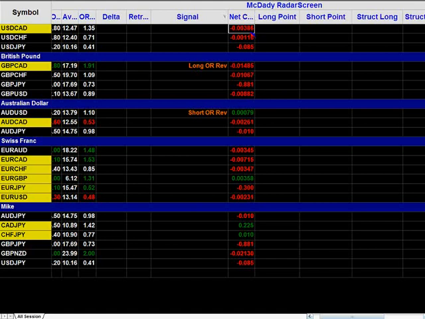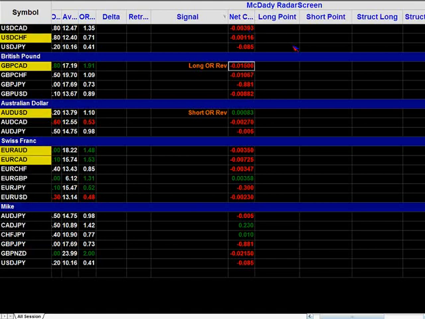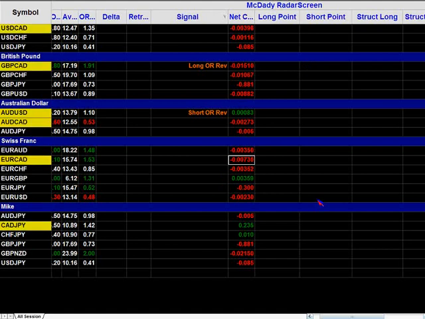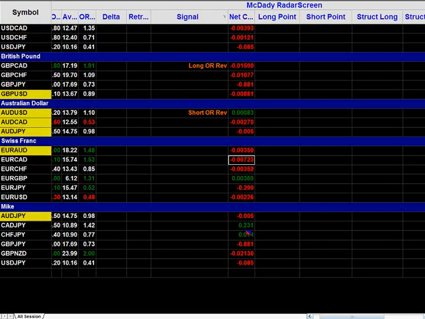The dollar CAD was moving 39 pips. The pound CAD was moving 150 pips. The euro CAD was 72 pips. And so in this case, the CAD is extremely strong.